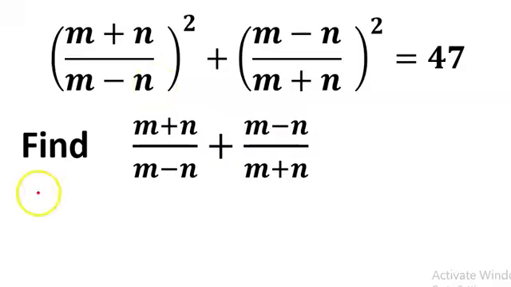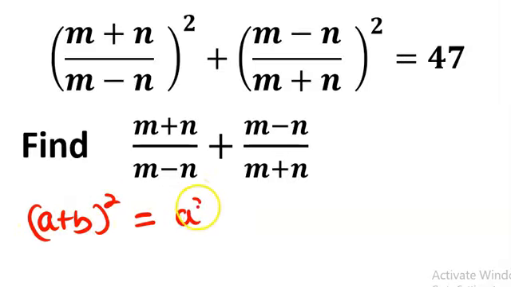Now, from the algebraic identity, (a+b)² is equal to a² + b² + 2ab.